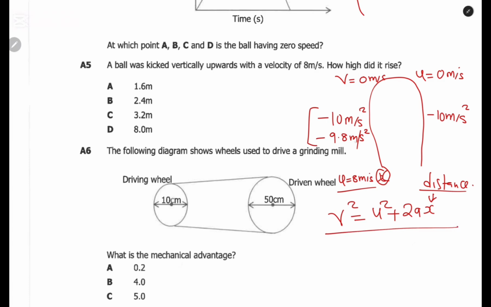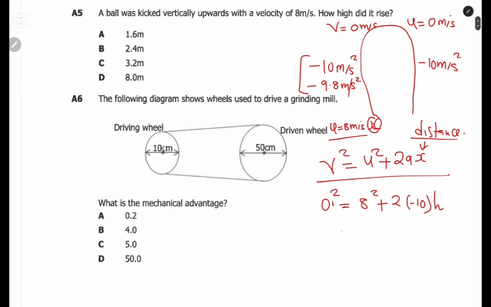We need the formula that has acceleration and velocity, the initial and the final. So the final velocity here is 0 meters per second. So 0 square equals initial 8 square plus acceleration, here -10, times height, h. So this is 0, this is 64, then this is negative 20h. We bring 64 to the other side, so negative 64 equals negative 20h.